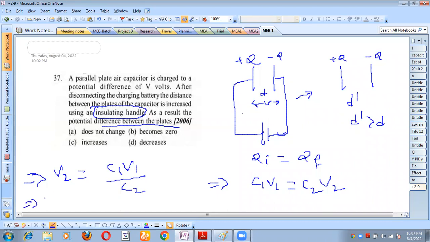Or we can say V2 by V1 is equal to C1 by C2.